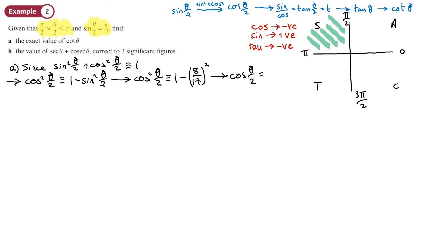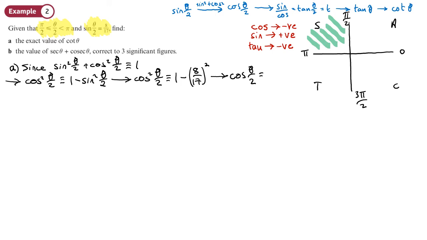So I'll work that out. I'm just typing a fraction, 8 squared over 17 squared, and we're going to do 1 minus that. Okay, so I get 225 over 289. I'm going to square root that, and I get 15 over 17.